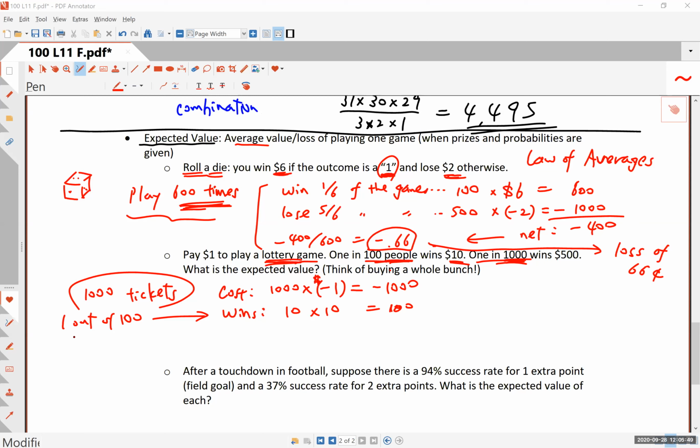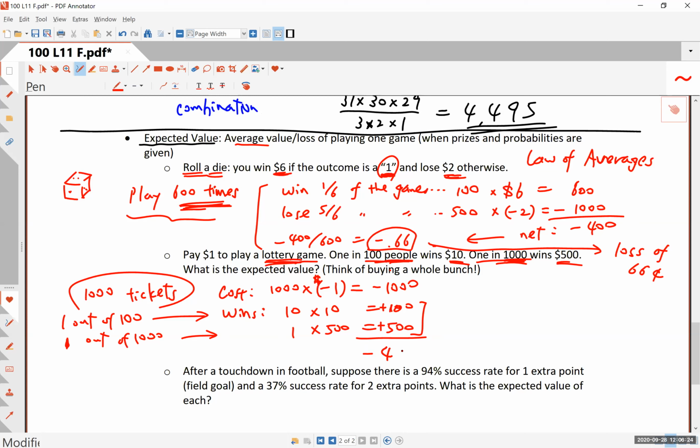And then 1 out of 1,000. Now you bought 1,000 tickets, so one of those 1,000 tickets is going to win $500. Cool, okay? So one of those tickets is worth $500, 10 of those tickets are worth $10 each. But in buying 1,000 tickets, you just lost $1,000, right? So what's the net value here? Plus 100, plus 500, minus 1,000. That's $600 gain and then you have $1,000 loss.